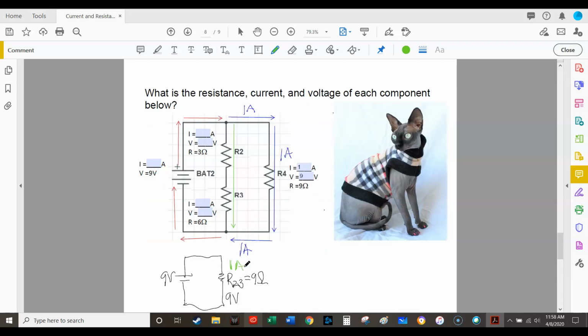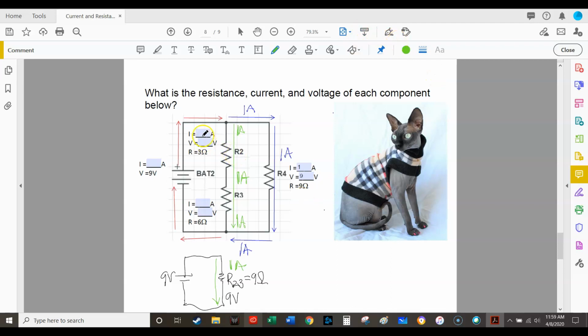Okay, so even though it's the same number as the blue current, it is a separate current. So that means the green current going through R23 is 1 amp. Okay, so we know this is 1 amp. And that means 1 amp is leaving, the 1 amp is joining up with the other 1 amp, the blue amp, coming in.